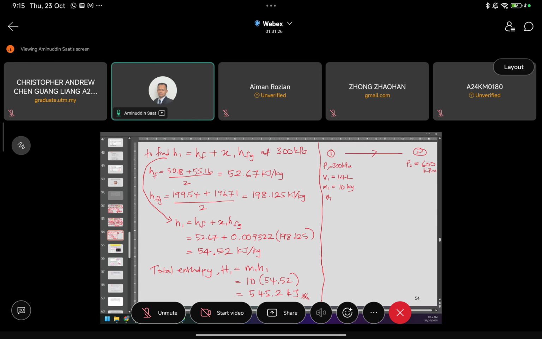Based on the calculation, you got small v1 equals 0.0014 meter cube per kilogram.